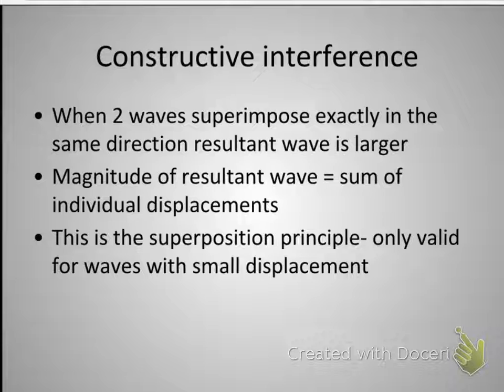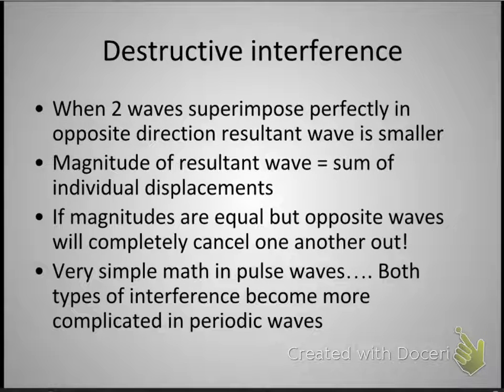It's the whole thing where in most of physics we kind of ignore a lot of stuff and go with the big idea. So in theory, you can do that sort of additive stuff to get a resultant wave. But once you get into larger displacements, you really can't. It doesn't work anymore.